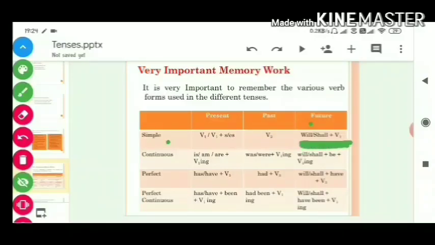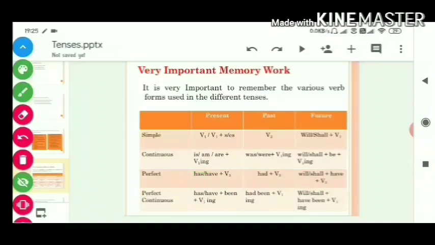Now, continuous tense. In present continuous tense, we use is, am, are plus V1 ing. For a singular subject we use is, we use am only for I, and we use are for a plural subject.